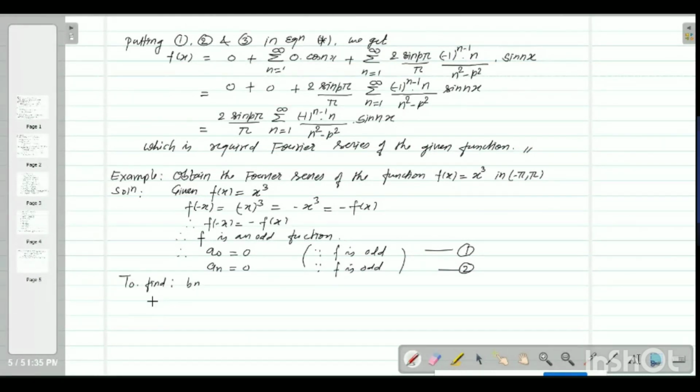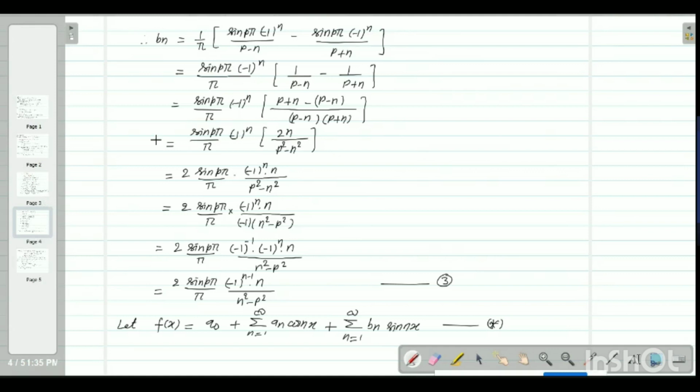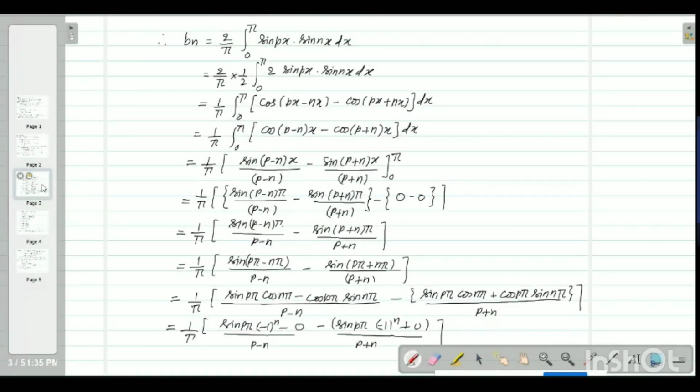For this we have the formula b n equal to 2 by pi, integration of limit 0 to pi, f of x sine nx dx. This is the formula for b n.